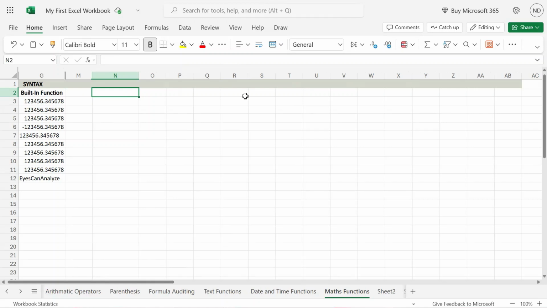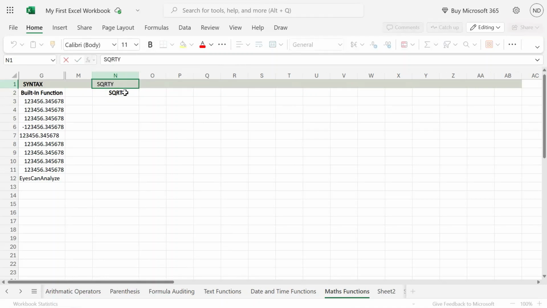It is represented as sqrt, and the function looks like sqrt, which is the name given, and then in the argument you need to specify the number which you want a square root for.